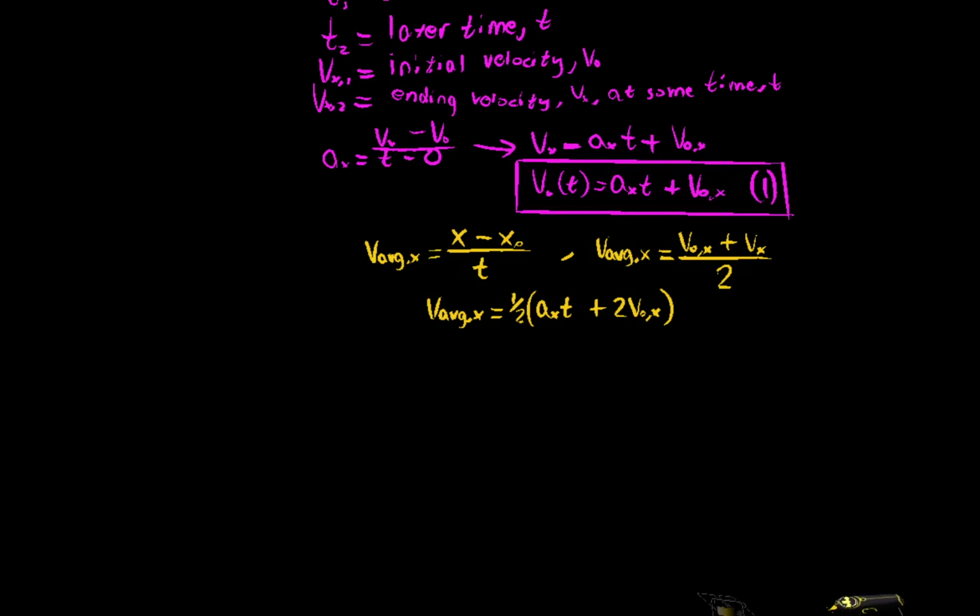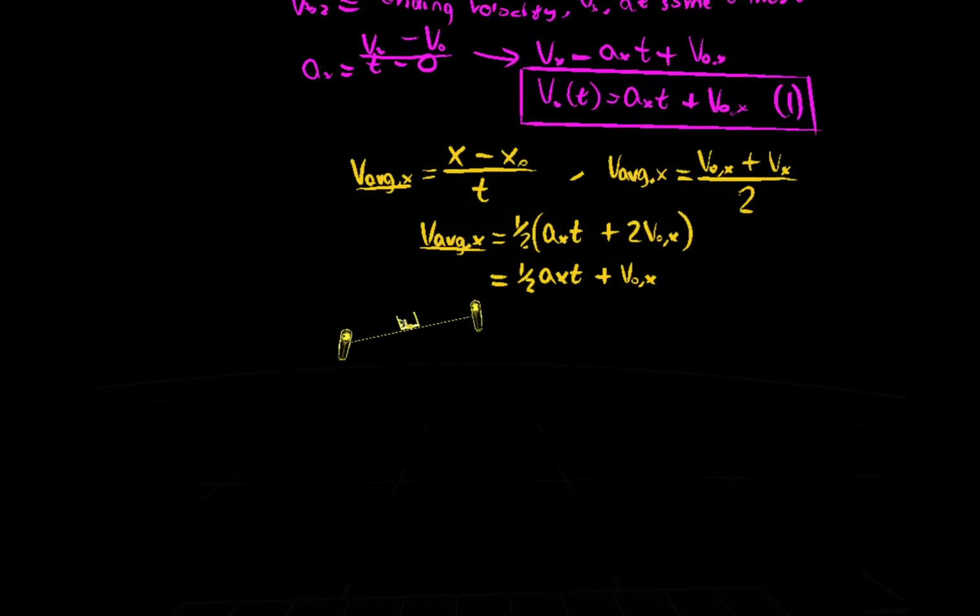And then we can simplify that to 1/2 axt plus v naught in the x direction. So this is an equation for v average in the x direction, and this is an equation for v average in the x direction as well. And so we can take those two and set them equal to each other.